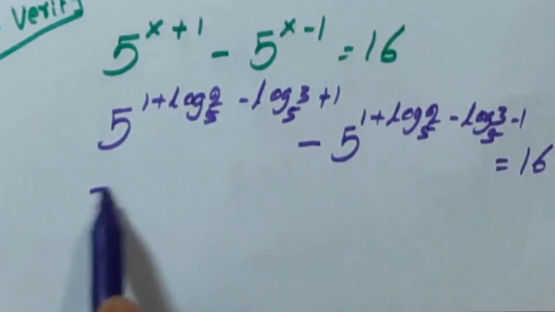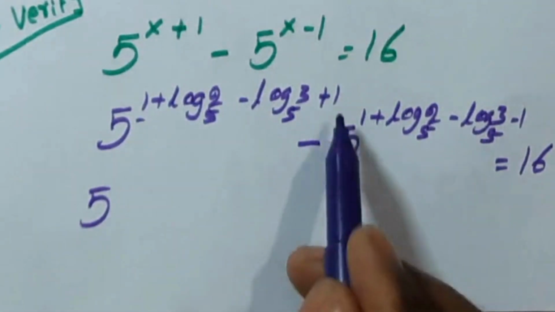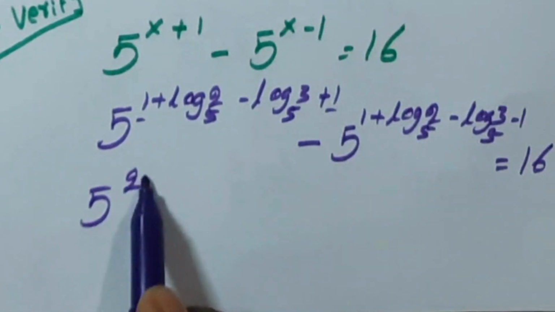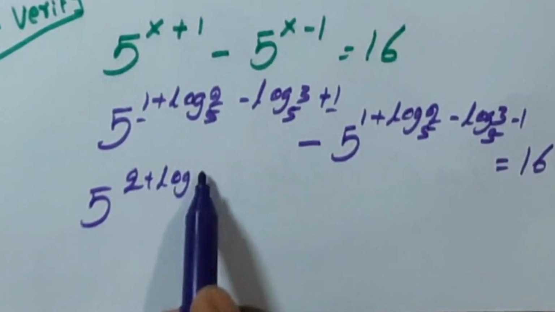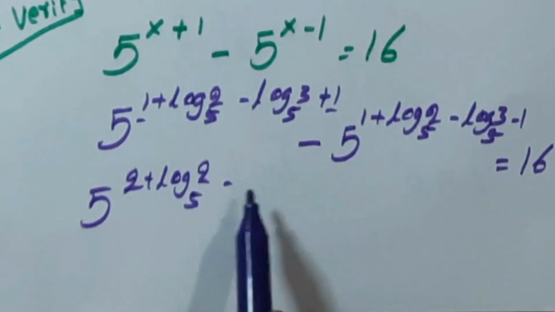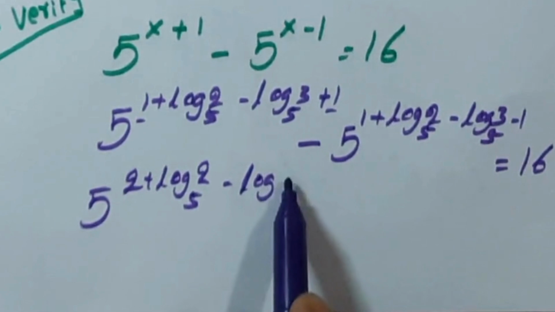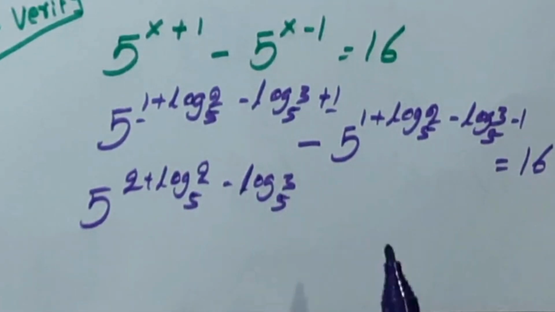Now 5 power this one and this one is 2 plus log 2 base 5 minus log 3 base 5.